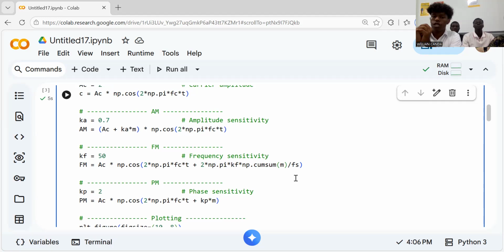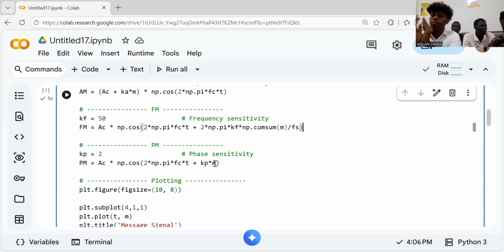For the FM, we take frequency sensitivity equal to 50, and FM is equal to Ac multiplied by np.cos of 2 np.pi times frequency multiplied by the time plus 2 np.pi times frequency sensitivity multiplied by the message divided by the frequency also. For the phase sensitivity, we took it equal to 2, and the formula PM is equal to Ac multiplied by np.cos of 2 np.pi times frequency multiplied by the time plus Kp multiplied by the message.